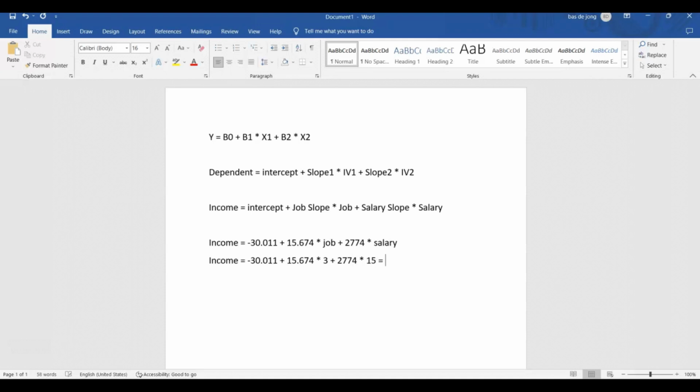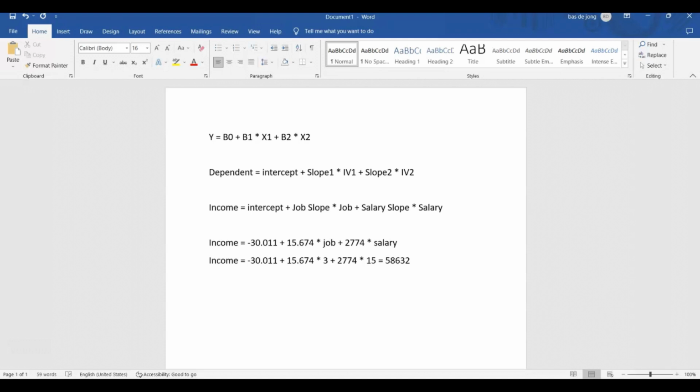And if you then calculate that on your calculator, which I'm going to do right now really quickly, you get to an income of 58,632 euros in the month, which is a lot, or maybe in a year. In a year, that's better.